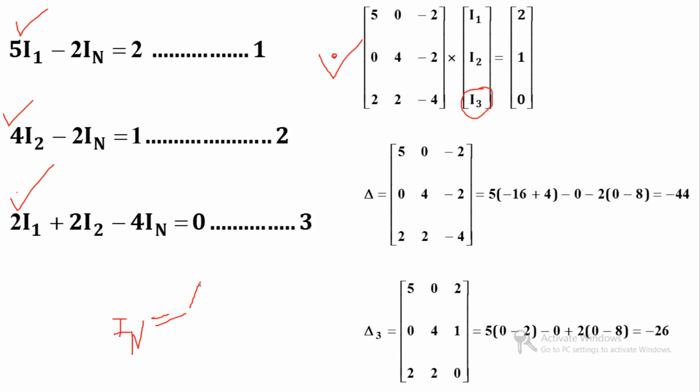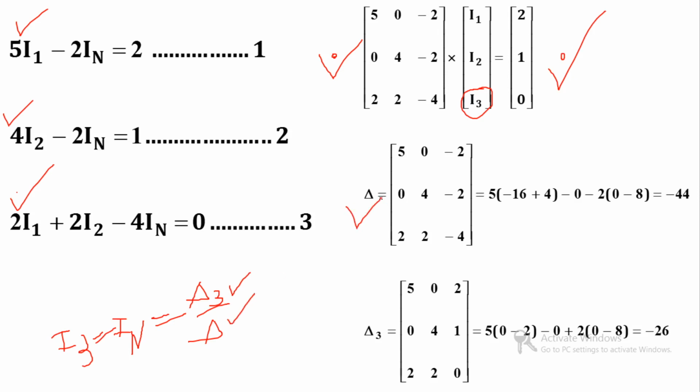So IN is equal to delta 3 by delta, or I can say that I3 is equal to delta 3 by delta. From this matrix formation, I have to find out only two determinants, because I don't want to find out I1 and I2. So I don't have to find delta 1 and delta 2. I will simply find delta 3 and delta.